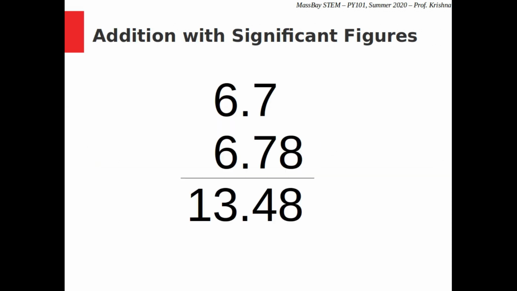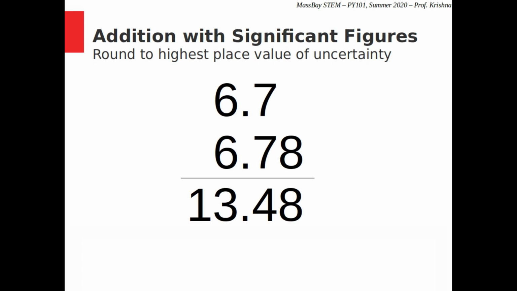The first you measured had a length of 6.7 centimeters. The second had a length of 6.78 centimeters. When you add numbers with differing significant figures, you need to find the highest place value that contains an uncertain figure. The uncertain digit in the first measurement is the 7, and it's in the tenths place.